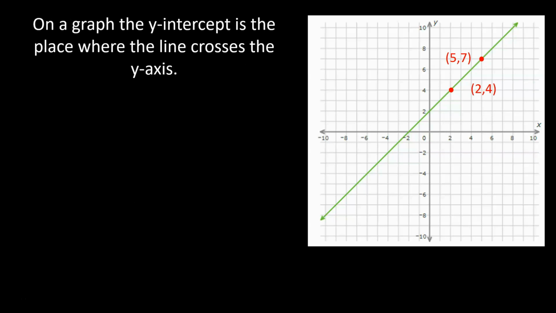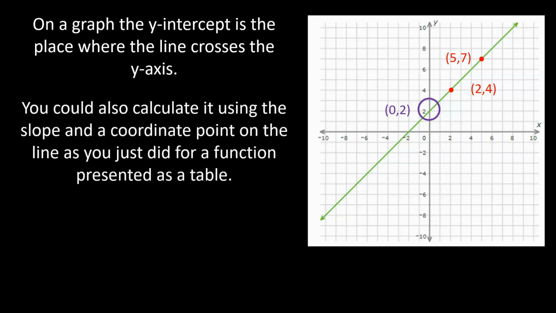On a graph, the y-intercept is the place where the line crosses the y-axis. Here you can see clearly that the line crosses the y-axis at 2. You could also calculate the y-intercept using the slope and a coordinate point on the line, as you just did for a function presented as a table.